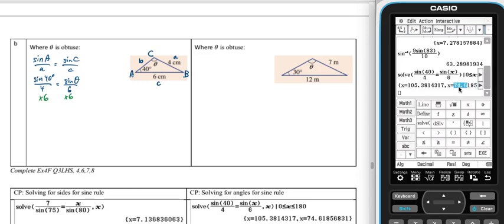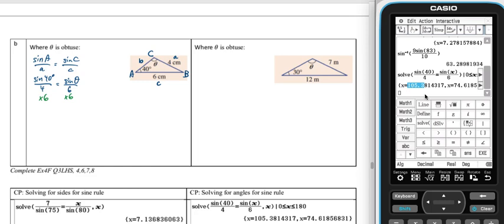We have an angle that's between 0 and 90, which is our acute angle, and we have the angle over here, which is our obtuse case, because it's over 90 degrees. So we're going to choose our angle over 90 degrees, our obtuse case, and we're going to round to one decimal place. 105.38: this 8 will round up the 3, so this will become 105.4.